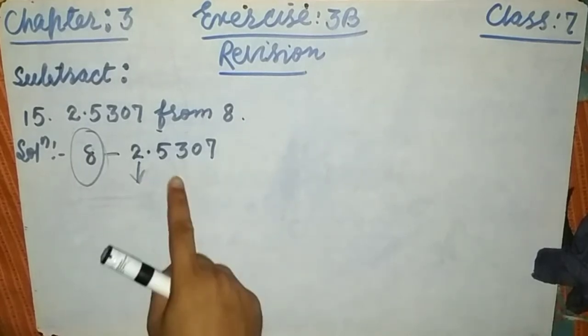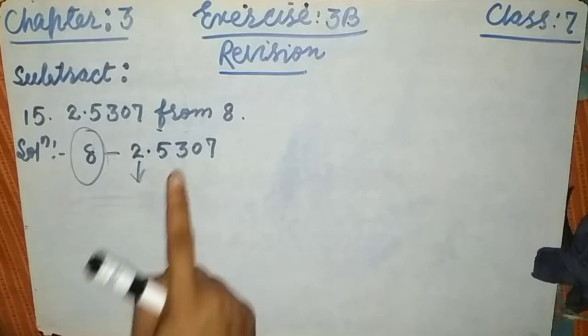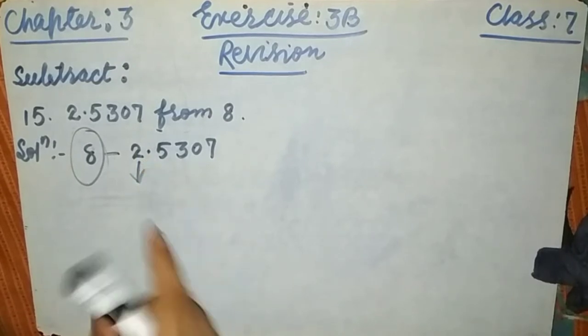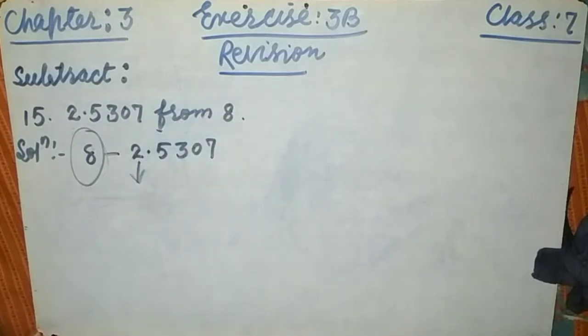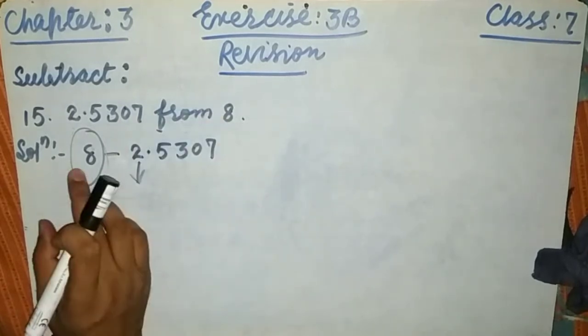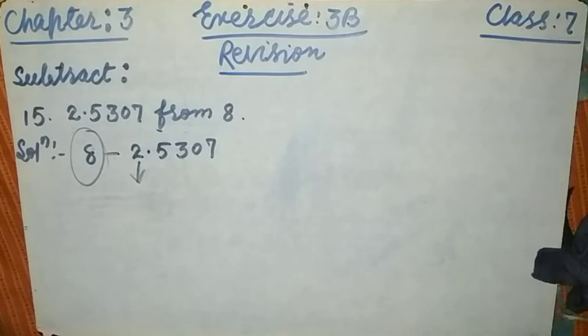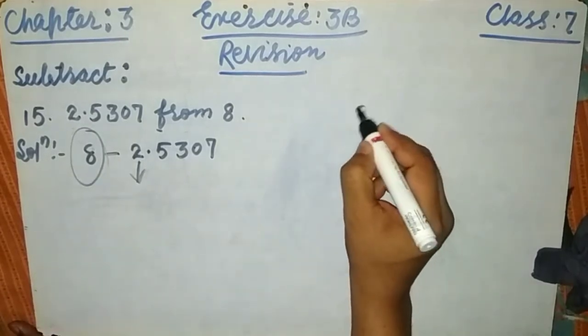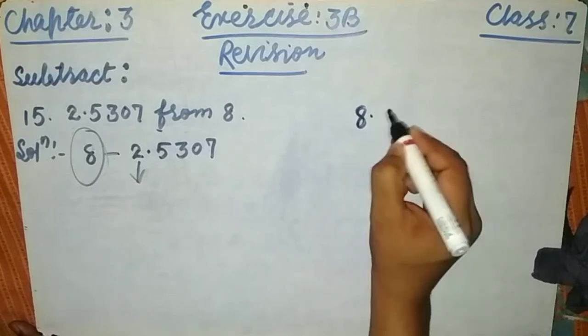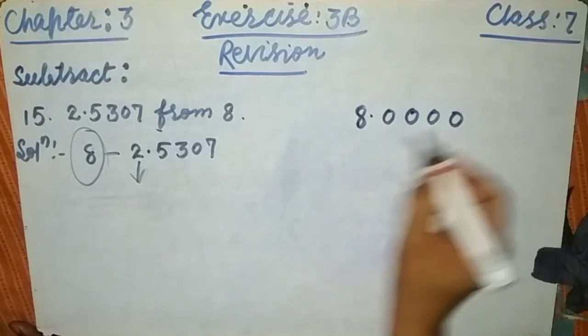The number of decimal places is 4, because after the decimal there are 4 digits: 1, 2, 3 and 4. This is why it is called a decimal with 4 decimal places, but 8 is purely a whole number. Now we are going to make this 8 with 4 decimal places, 8.0000, because we are going to subtract.